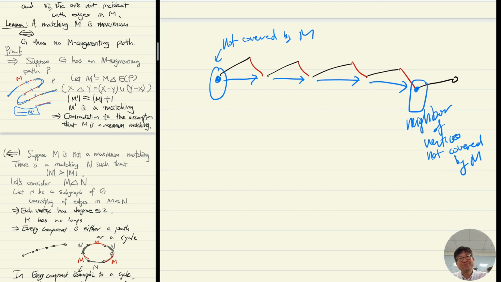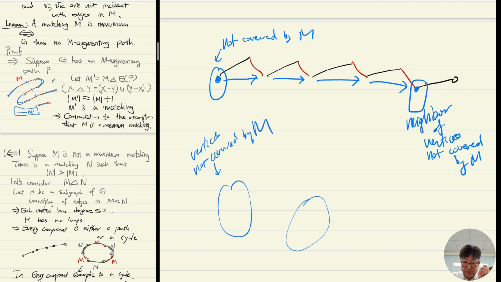You first build this auxiliary directed graph, and then try to find the path from vertices not covered by M to its neighbors. Let's say this is X, these are neighbors of X. Now we want to find the directed path like this.